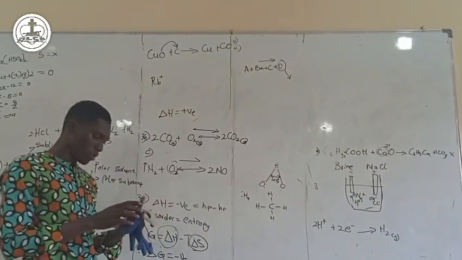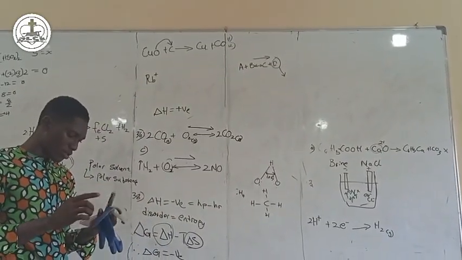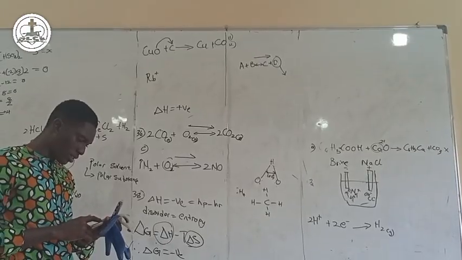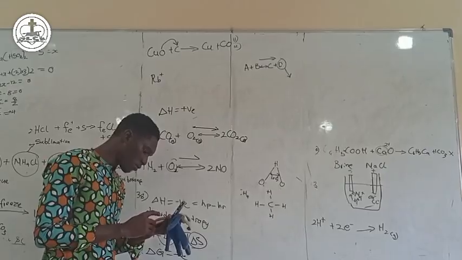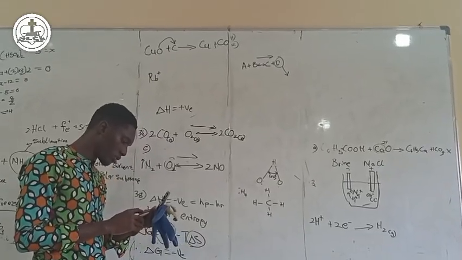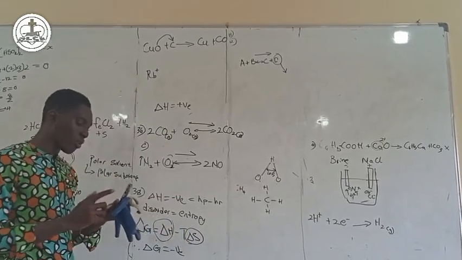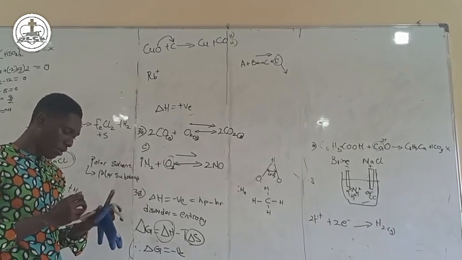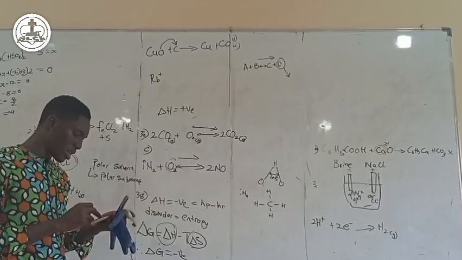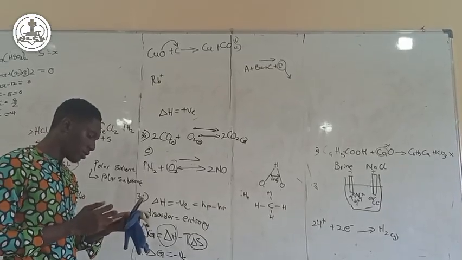So going to the next question, number 14. In what way is the equilibrium constant for the forward reaction related to that of the reverse reaction?